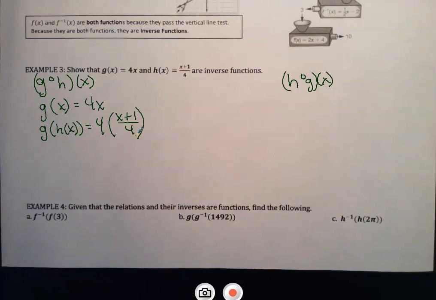You can distribute it, so you'd have 4x plus 4. Nope, not divided by 16. Nope, divided by 4, because remember, this is a fraction. It's 4 over 1. You could just cancel it out.